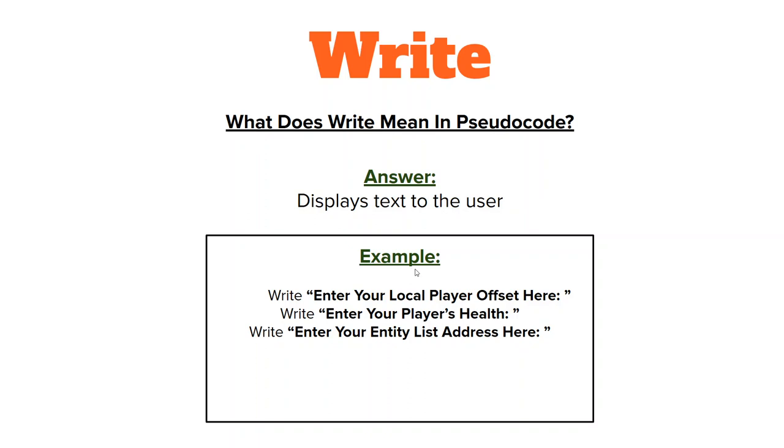The input takes in the information that you entered, and the write is just displaying what you need to enter. Write, enter your local player offsets. Write, enter your player's health. Write, enter your entity list address here. This is what you will see when you input the information.